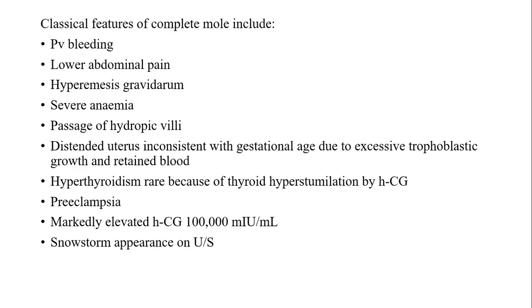So the classical features of a complete H-mole include PV bleeding, low abdominal pain, hyperemesis gravidarum, severe anemia, and passage of hydropic villi.